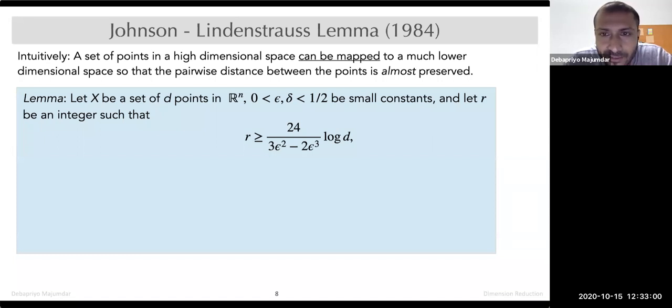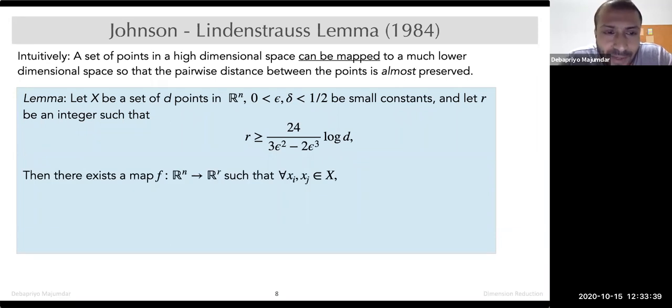And D is my number of points. Of course, we are assuming we have a lot of points. If it is only 10 points, then we can do everything in a straightforward way. So r has to be greater than or equal to 24 divided by a small number, times log D. So r is bounded below, it has to be at least some number. It cannot be too small, but we'll see that it can be reasonably small so that it's useful.